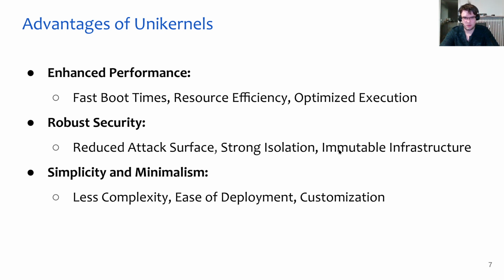Having less code often means less attack surface, so it's improved security. And also, if we consistently put each process into its own unikernel, then we have stronger isolation than if we would, for example, co-locate multiple processes in the same virtual machine.